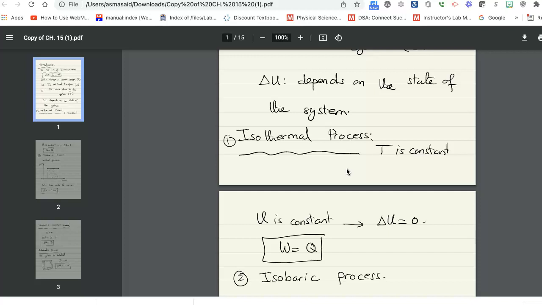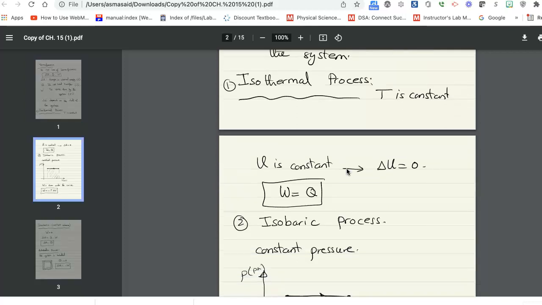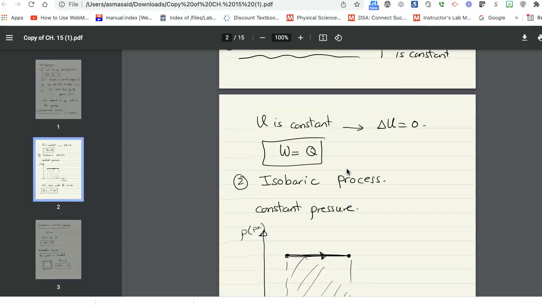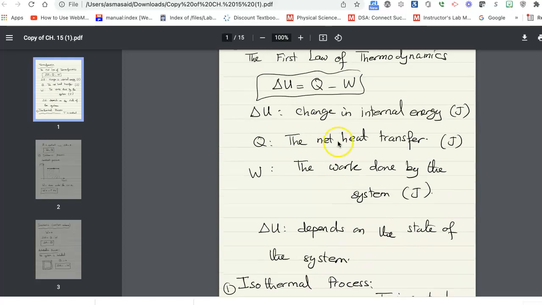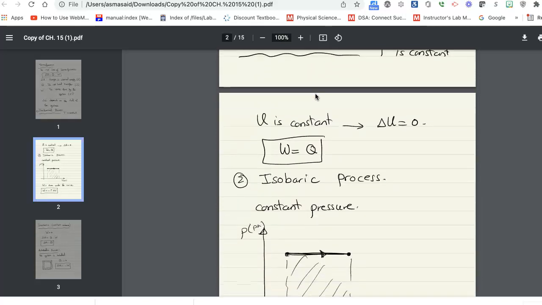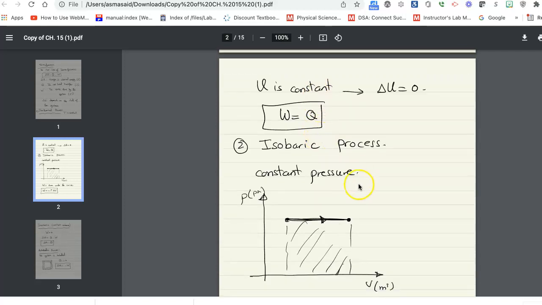Then when T is constant, U is constant, and therefore the change in the internal energy of the system is going to be 0. Now, based on my equation, I can make this 0, then Q equals W. And this is only for isothermal.